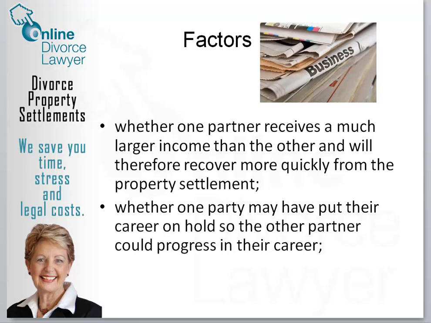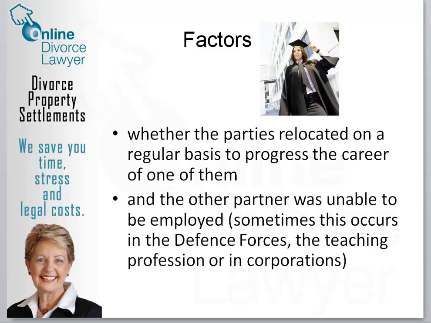Whether one partner receives a much larger income than the other and will therefore recover more quickly from the property settlement, and whether one party may have put their career on hold so the other partner could progress in their career. Sometimes the parties relocate on a regular basis to progress the career of one of them, and the other partner was unable to be employed, and sometimes this occurs in the Defence Forces, the teaching profession, or in corporations.